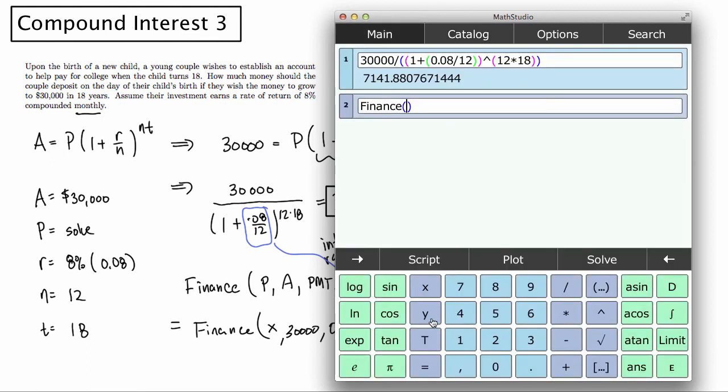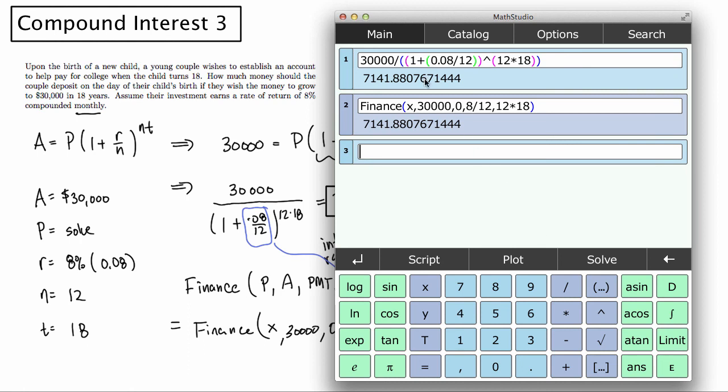But the finance command, solving for present value, future value of 30,000, payments of size 0, there's no payments in this problem, an interest rate of 8% per year, divided up into 12 months, for 12 months a year times 18 years.